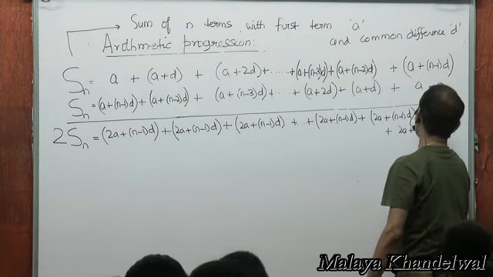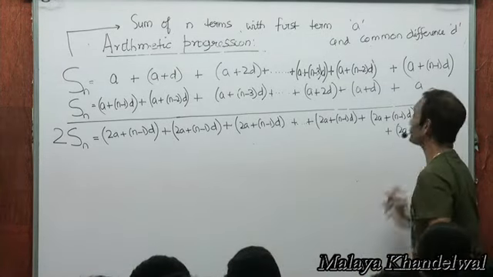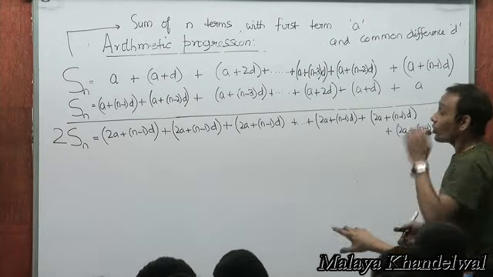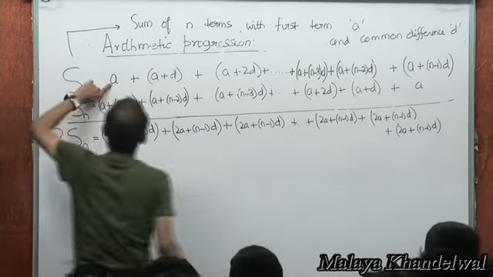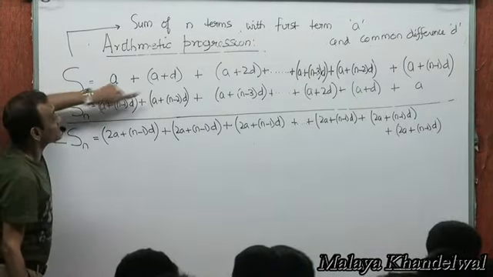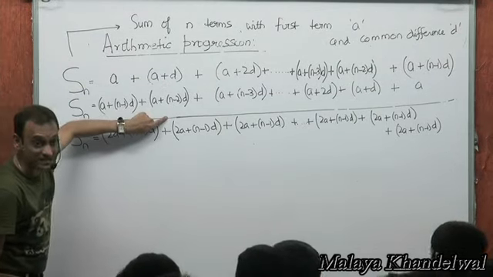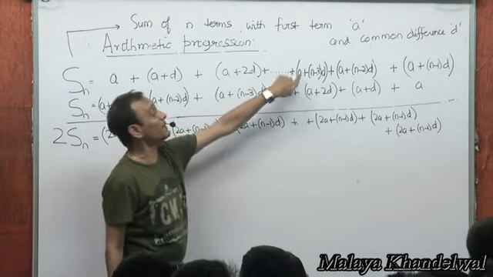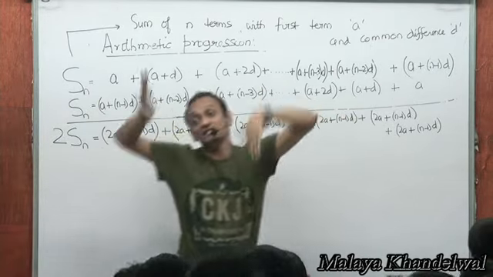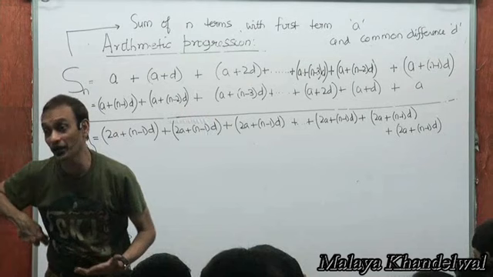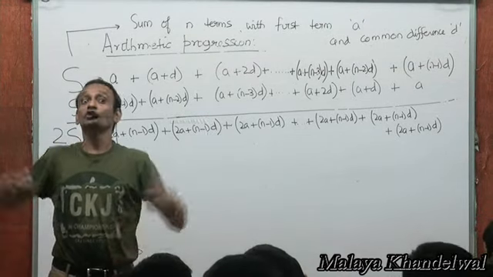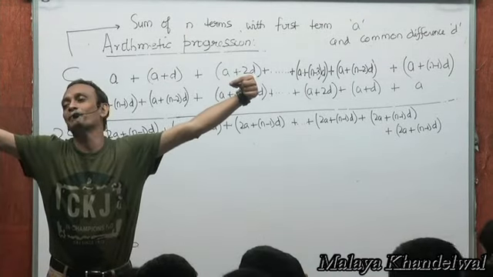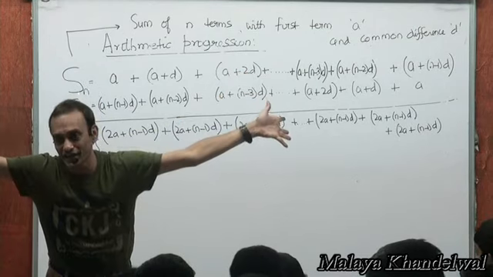Hey, do you realize one property that emerges? First term plus last term is the same as second term plus second last term, is the same as third term plus third last term, is the same as fourth term plus fourth last term, yes or no? In an arithmetic progression, the sum of terms equidistant from the beginning and end is a constant.